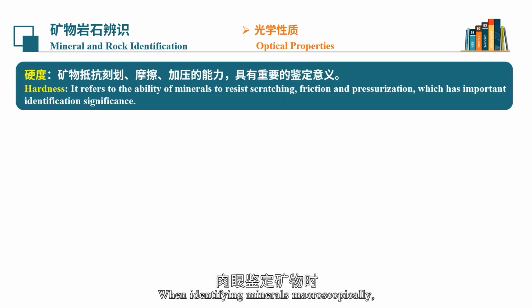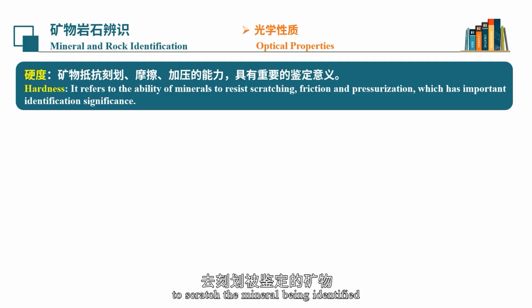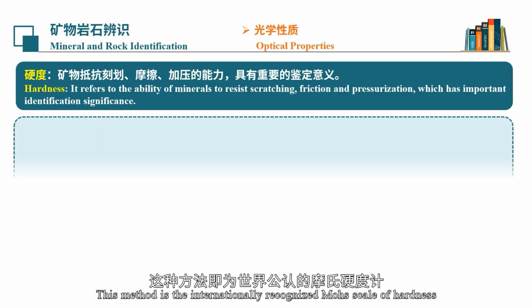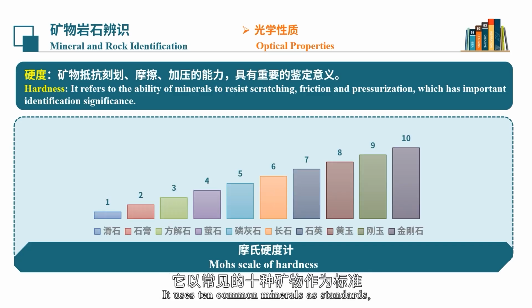When identifying minerals macroscopically, we need to use minerals of known hardness to scratch the mineral being identified. This helps determine the mineral's relative hardness. This method is the internationally recognized Mohs scale of hardness. It uses 10 common minerals as standards, divided into 10 grades from lowest to highest.